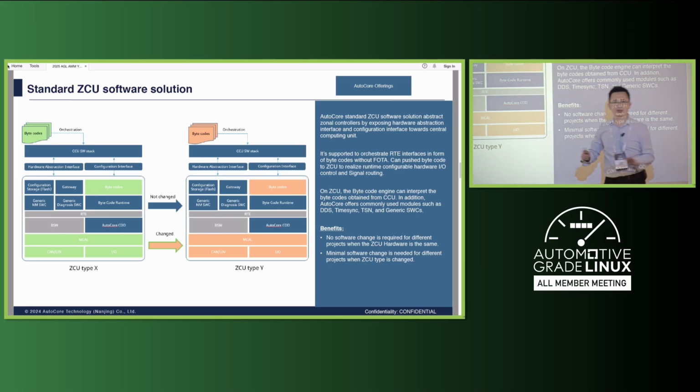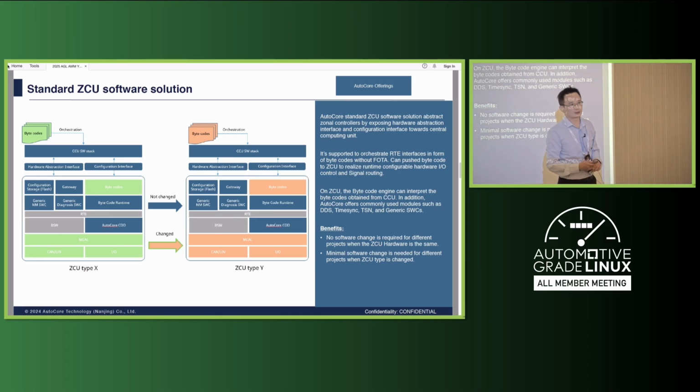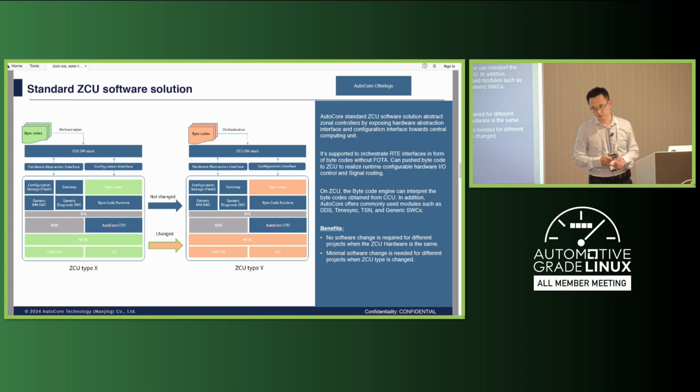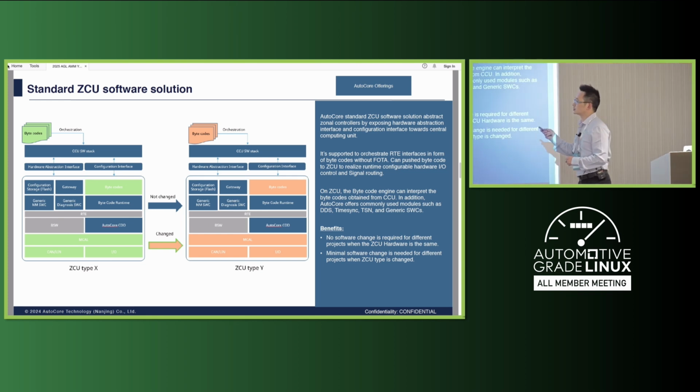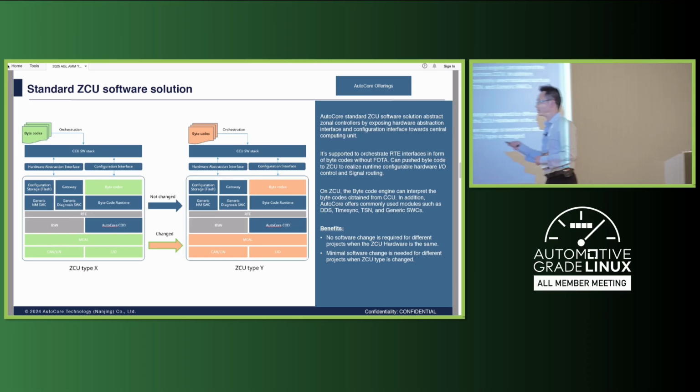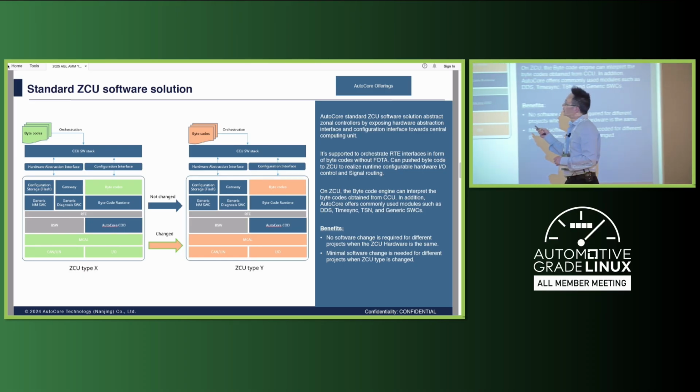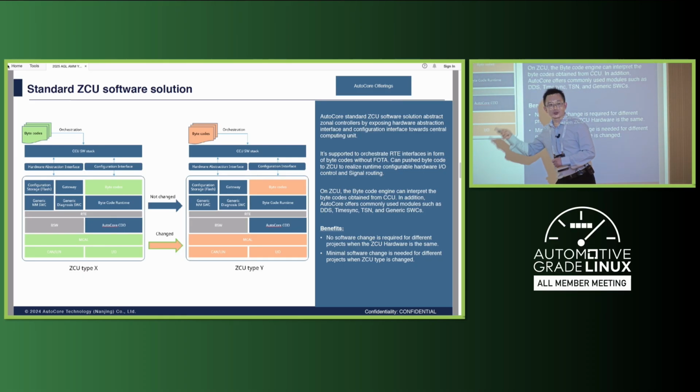This is nothing like AGL. This is a typical AUTOSAR Classic, right? You see that on every ECU we've seen today. But one of the problems with this is not because AUTOSAR Classic is bad.